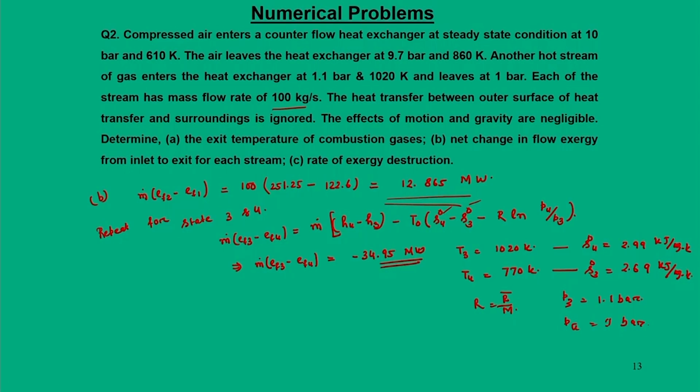Now, this is for states 3 and 4, and the last part of the analysis, rate of exergy destruction. So, the rate of exergy destruction we can say E d dot is equal to m dot EF1 minus EF2 plus m dot EF3 minus EF4.